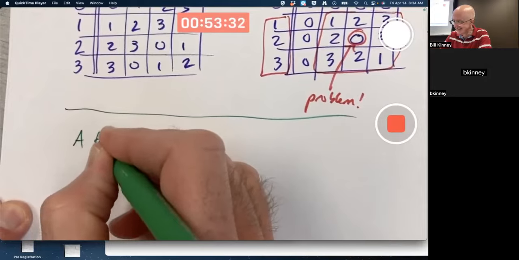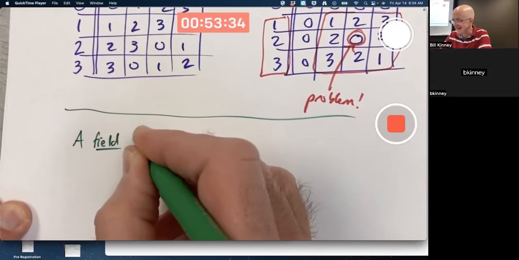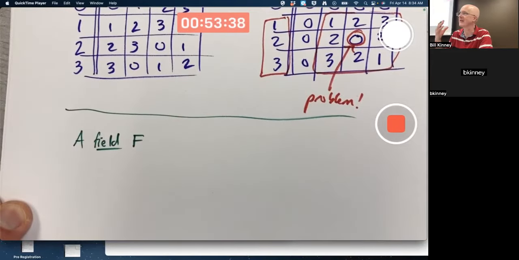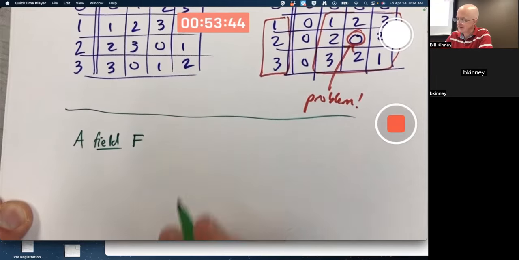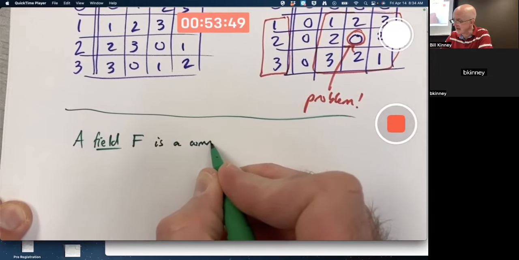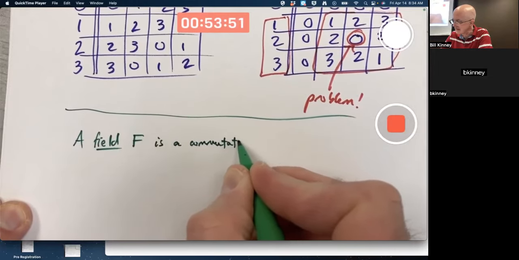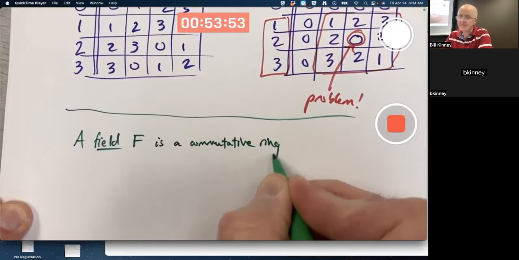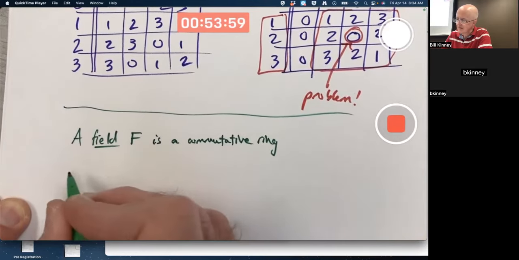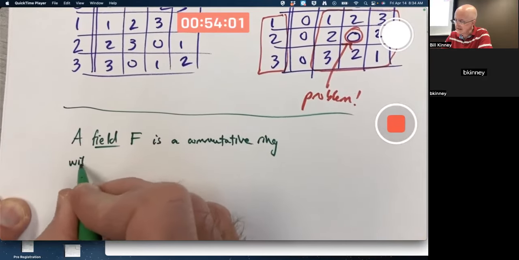A field F. We're going to reserve typically in the abstract the letter R for a ring and the letter F for field. But again, fields are rings. A field F is a commutative ring, so the definition of a field includes the word ring, with unity.